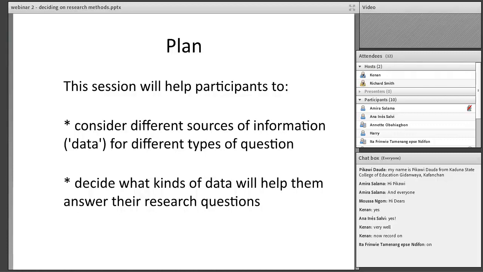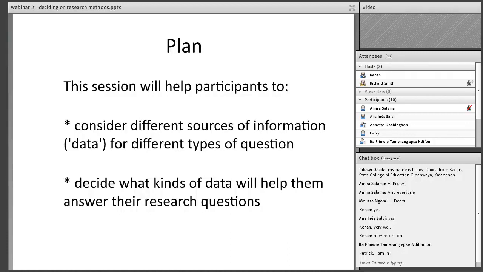So we could call that others' perceptions. And then another kind of research question is about behavior, about what people are actually doing, what students are doing in the classroom, or what you yourself are doing as a teacher in the classroom. So we talked about these three different kinds of research question last time.